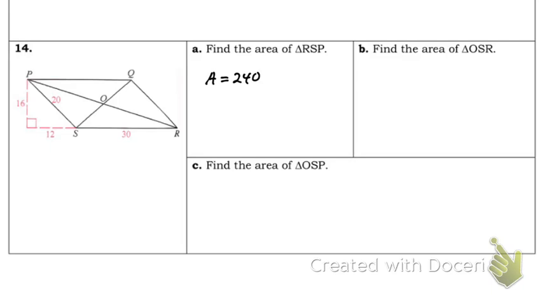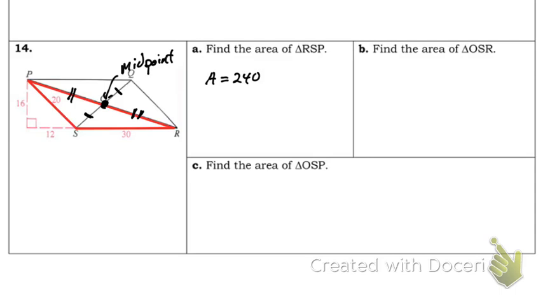RSP, let me highlight it. That equals 240. What I noted in my notes is this is a median, a midpoint, which actually cuts these in half.